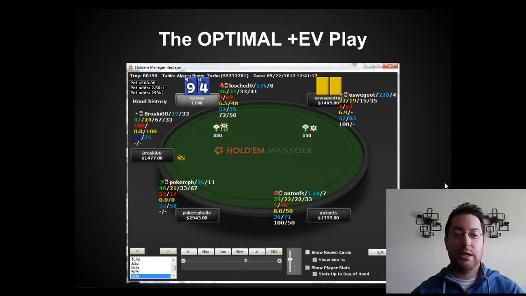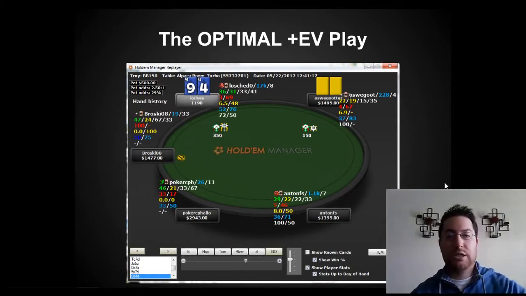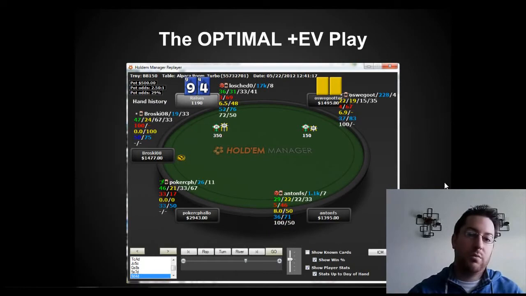If we just take a look at this on the surface, to win this 225 chip pot, standard procedure tells us we need to shove all in. We need to risk our 1,500 stack to win 225 chips, because you're not allowed to do anything other than push or fold with 10 big blinds. You do it, you'll get burned at the stake.